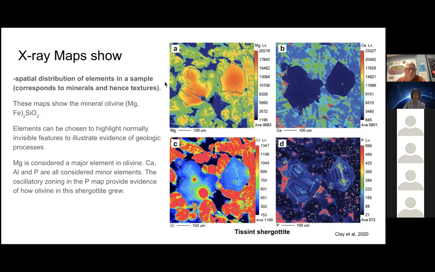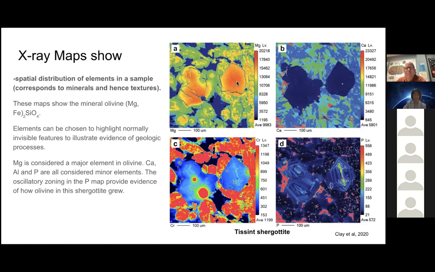Major elements constitute between 100 down to 1 weight percent of a given part of a mineral. We also can measure minor elements, those that occur in concentrations between 1 and, let's say, 0.1 weight percent.